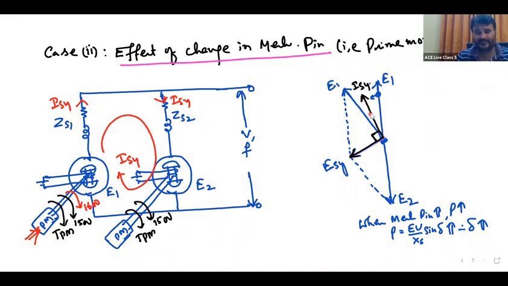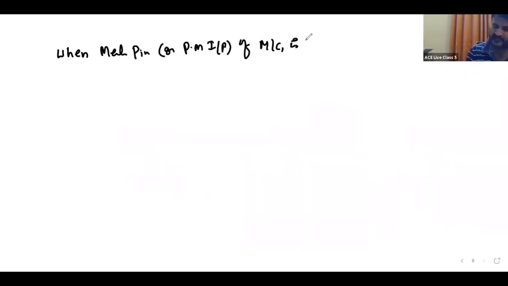Therefore, when the mechanical power input or prime mover input of machine 1 is increased, then delta increases.